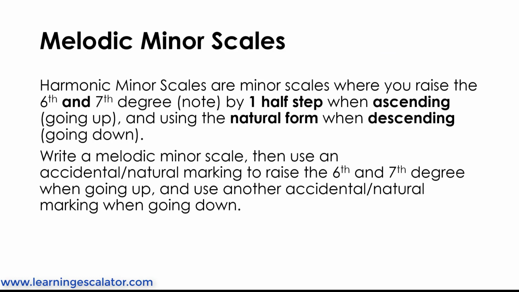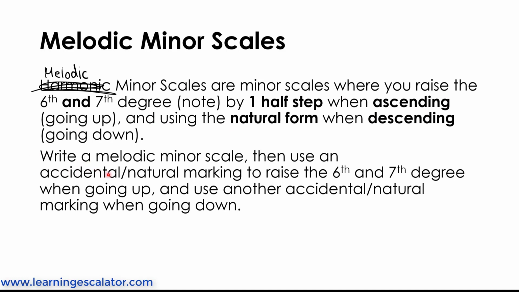Now melodic minor scales. Oh, I made another typo. This is supposed to say melodic minor scales, not harmonic. So melodic minor scales are minor scales where you raise the 6th and 7th degree by a half step when ascending and using the natural form when descending.